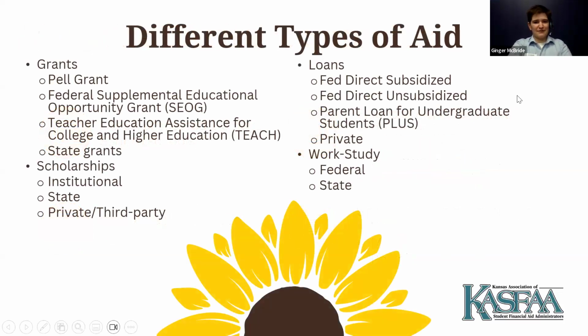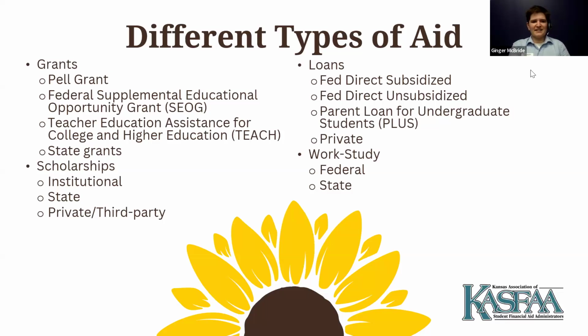When it comes to the different types of financial aid that may be included in a student's financial aid offer, we talked about the Pell Grant earlier. That's a primary example of a type of grant that students can receive. The Federal Supplemental Educational Opportunity Grant, otherwise referred to as FSEOG, is also something that schools will review eligibility for based on the FAFSA.